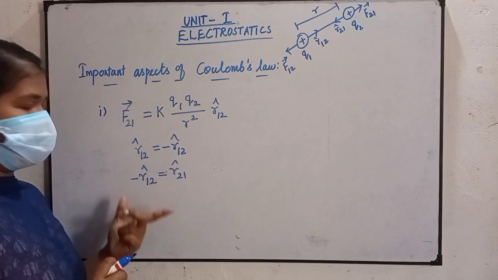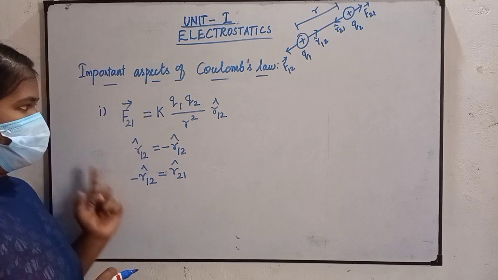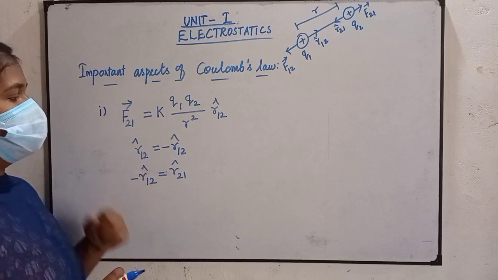The magnitudes are equal, but the direction of R21 is opposite to that of R12. This is the correct formulation, and this is the first important aspect of Coulomb's law.